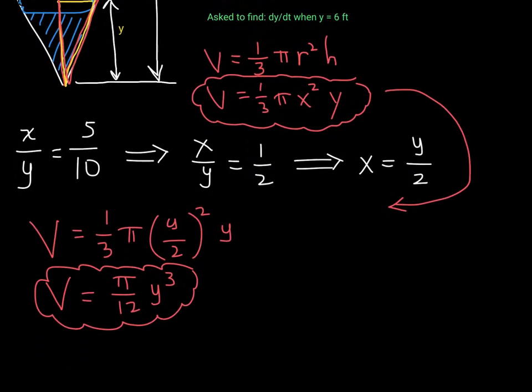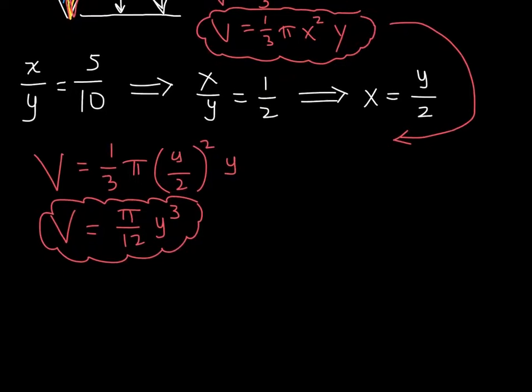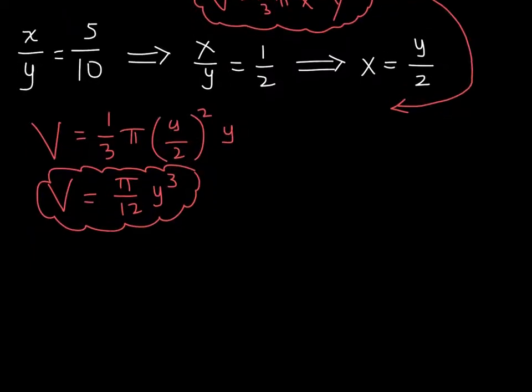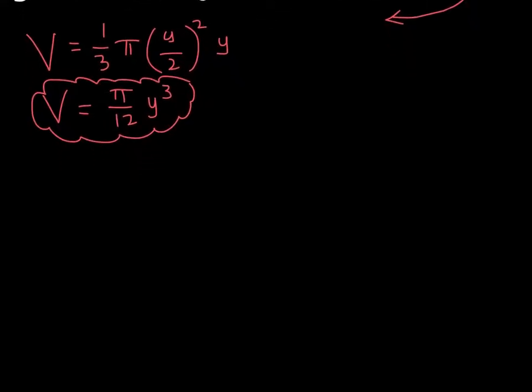All right, now that we have our formula here for the volume, what we can do is we can differentiate both sides with respect to t. So let's do that now. All right, so let me just move this up here.